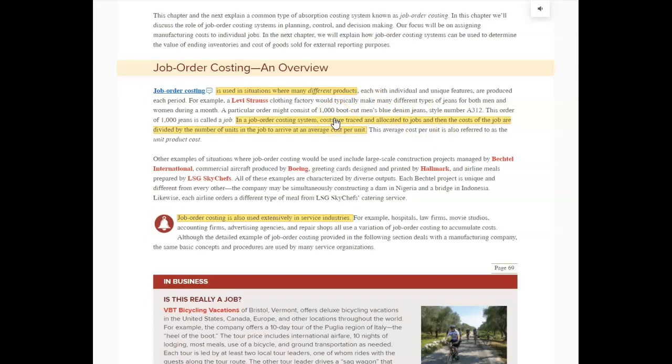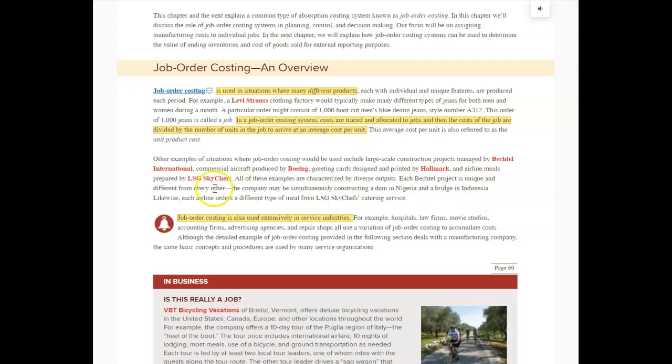So one job can be a number of units of the same item you're producing, or it could be one large item like a house or even an office building. So whatever your job is, we're going to see in the next page, you need to find out what costs are involved in making that specific job.